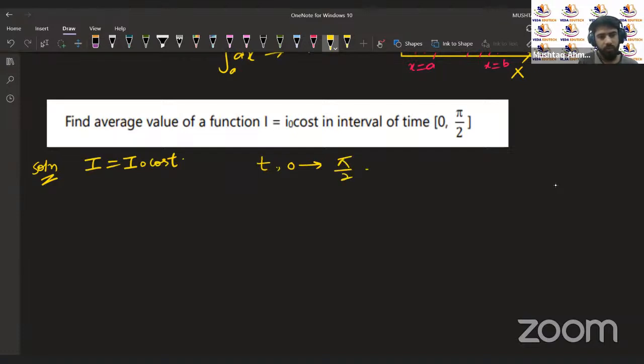So what we'll be doing is that we have to calculate the average of this I. We'll integrate I naught cos t with respect to the variable t between the interval 0 to pi by 2.